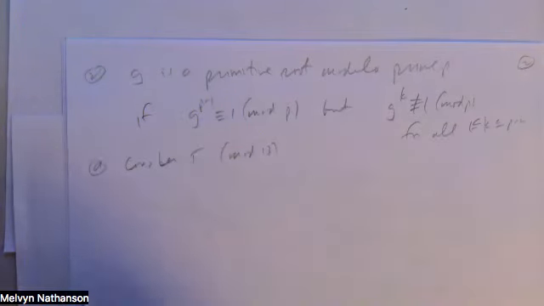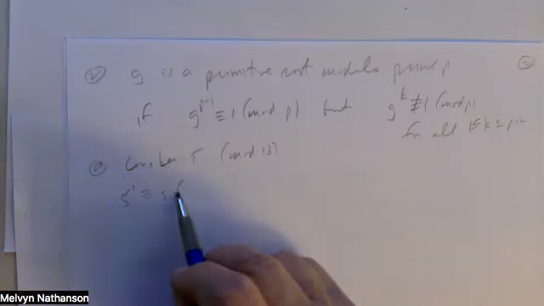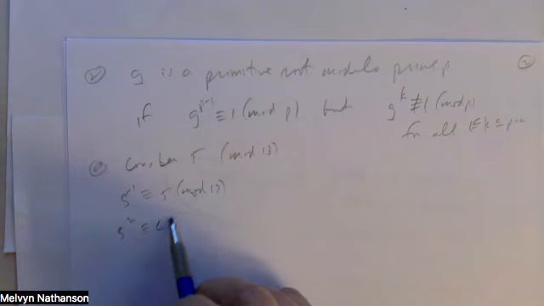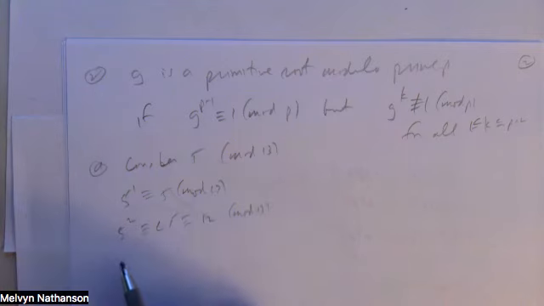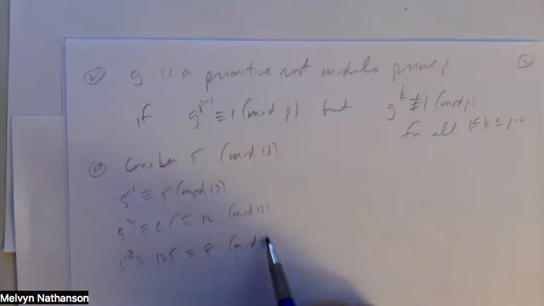So we have to look at the powers of 5. 5 to the first power is congruent to 5 mod 13. 5 squared is 25, which is 12 mod 13. 5 cubed is 125, which if you divide it by 13, I think is 8 mod 13.